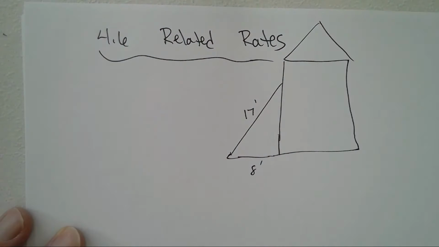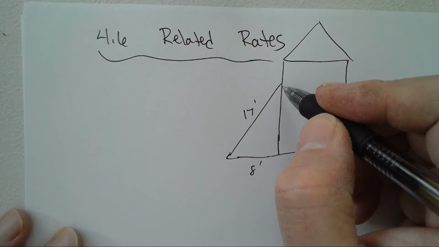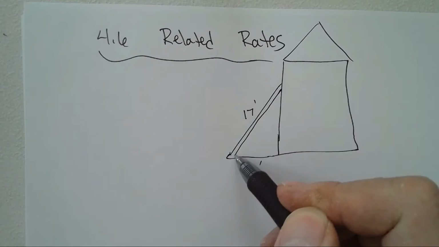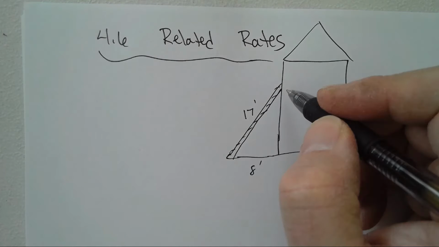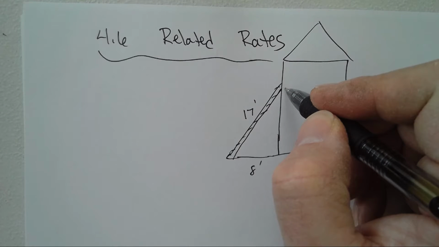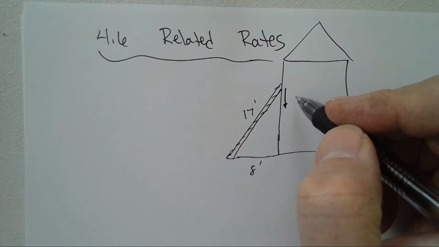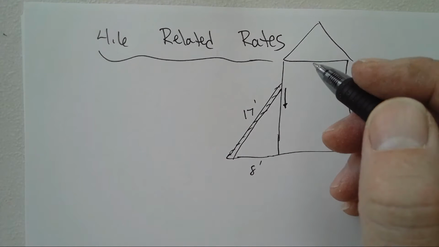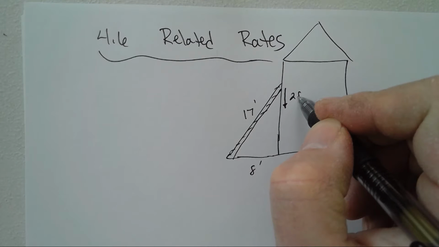And the ladder starts to fall down the building. This is my ladder. So let's say the end of this ladder right here starts to fall down at, we'll say, 2 feet per second.